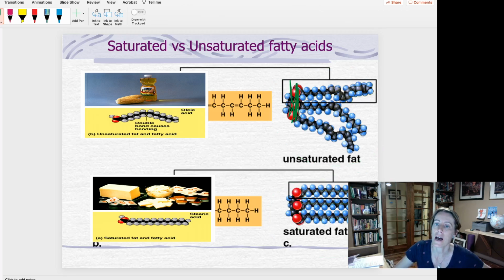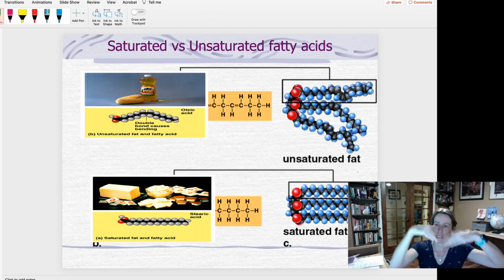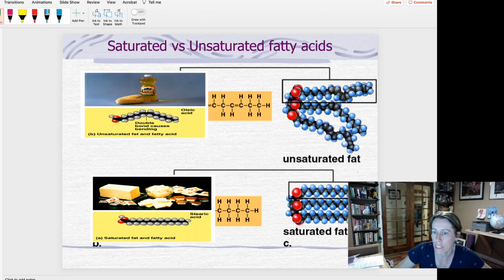Every time you put a double bond in a long chain of carbons, it makes the chain kink, zigzag a little bit. So in this saturated fat at the bottom, you can see these chains are pretty nice and linear. The chains are lining up pretty nicely. Here, every time you get a double bond, you get a kink in the chain.